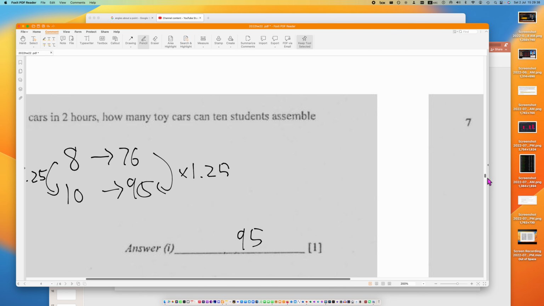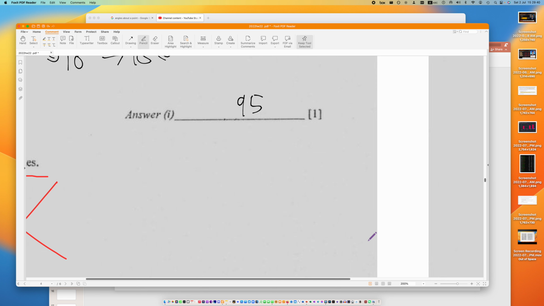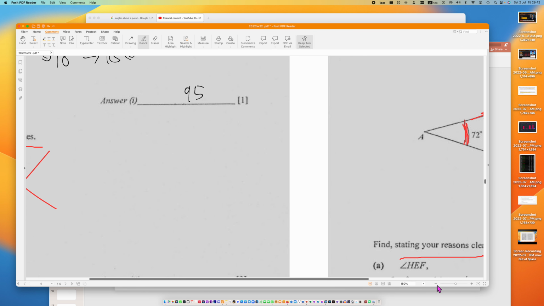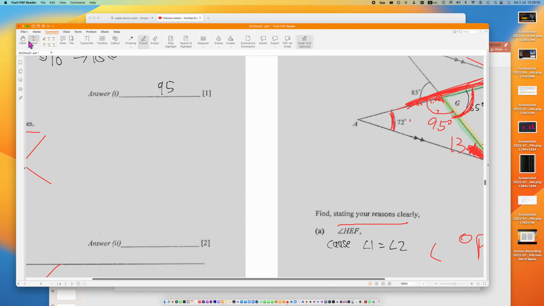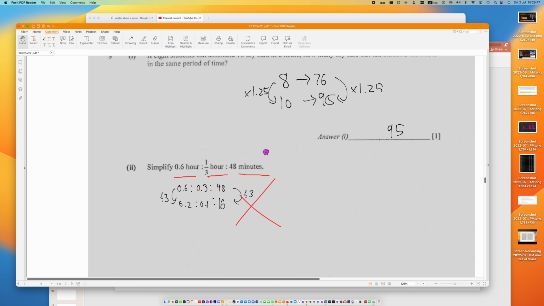You want to get it all into minutes first. This one is minutes already. How do you convert to minutes?